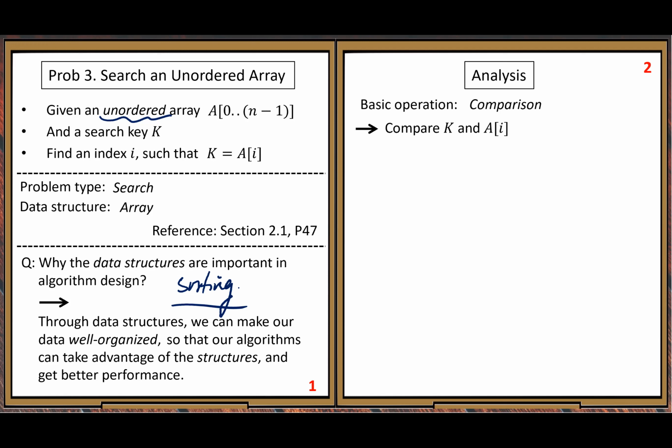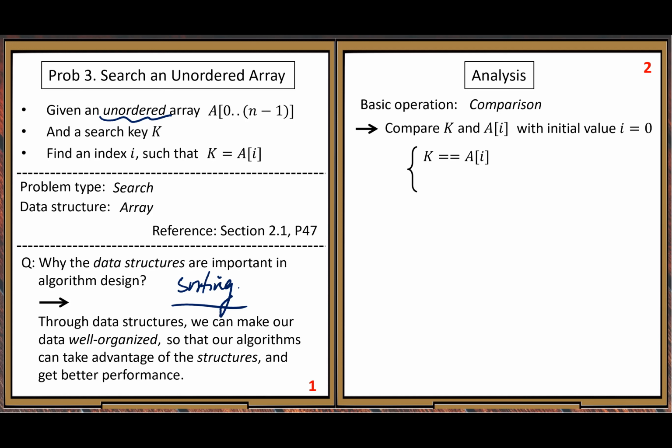And when we do comparison, each step, we have several different results: equal, not equal, greater than, less than. But when we do comparison, we start from the first element in the array with index i equals 0.